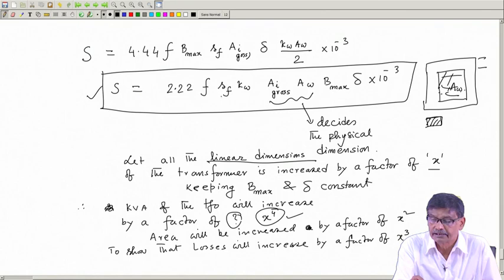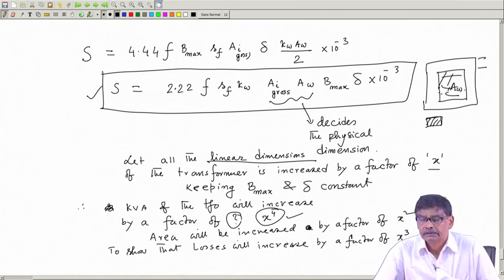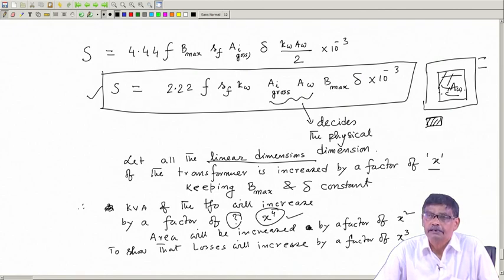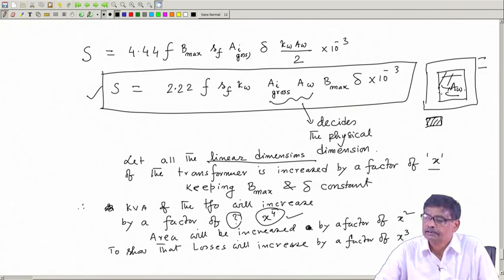And these two factors, stacking factor and window space factor, the window space factor is about 30-35%, because all the space in the window cannot be covered with copper, because there must be space for circulation of conducting oil, which will take away heat from the windings.